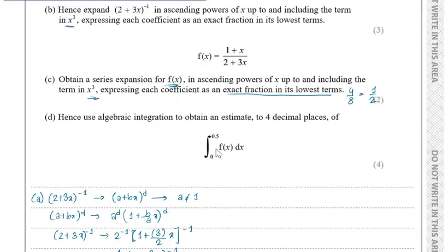So we have been given an expression which was fx equals to 1 plus x. For part C, fx is equals to 1 plus x divided by 2 plus 3x. So this thing can be written as, if you look at this, 2 plus 3x is actually to the power 1.